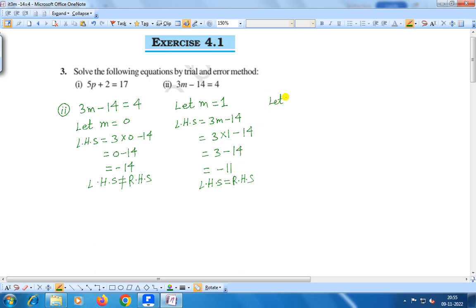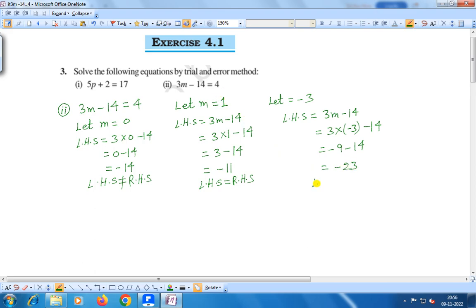Now let us take m is equal to minus 3. If we take minus 3, we are getting left hand side is equal to 3m minus 14, that is equal to 3 into minus 3 minus 14, that is equal to minus 9 minus 14, minus 23.